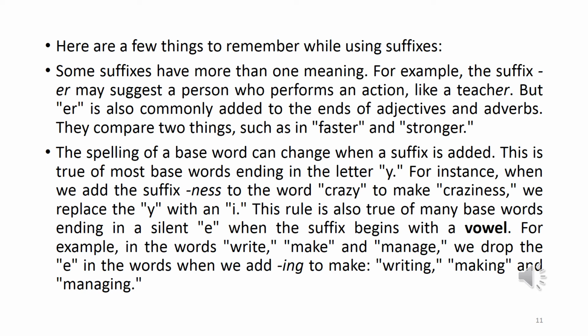The spelling of a base word can change when a suffix is added. This is true of most base words ending in the letter Y. For instance, when we add the suffix ness to the word crazy to make craziness, we replace the Y with an I. This rule is also true of many base words ending in a silent E when the suffix begins with a vowel.